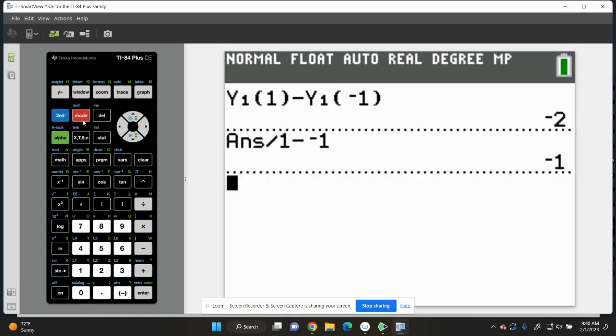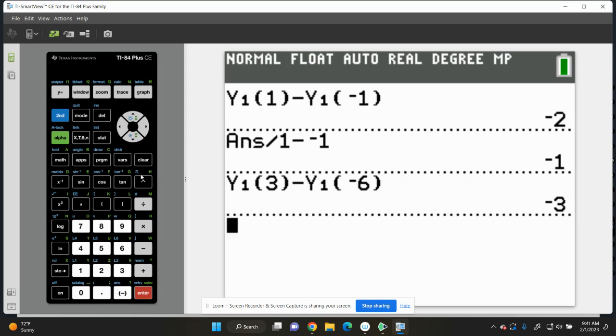So now I'm just going to do y1 of 3 minus y1 of negative 6, divided by 3 minus negative 6.